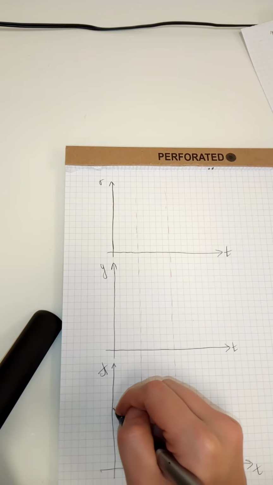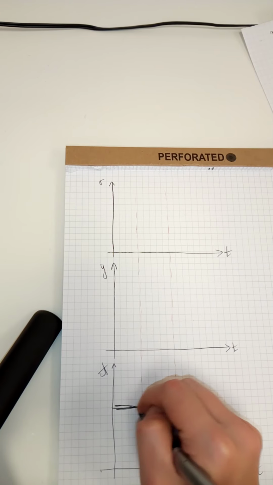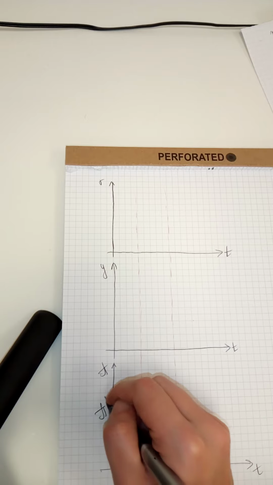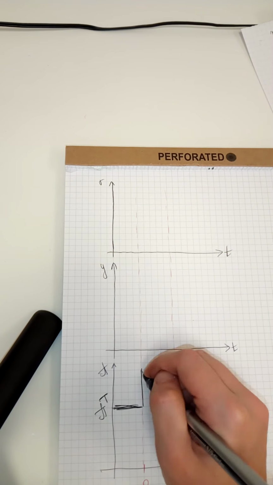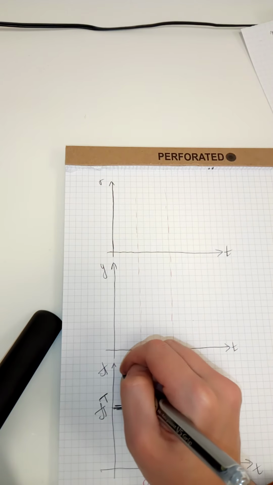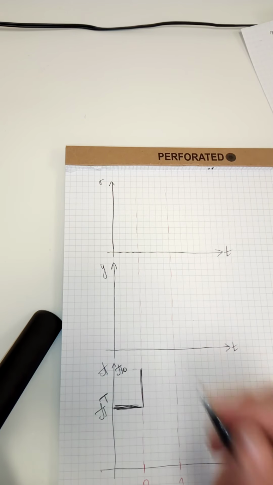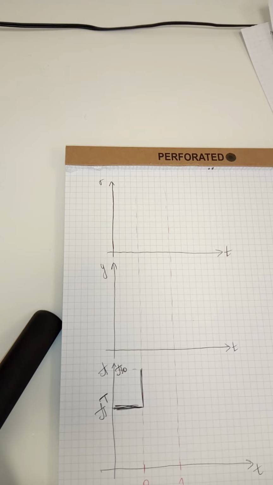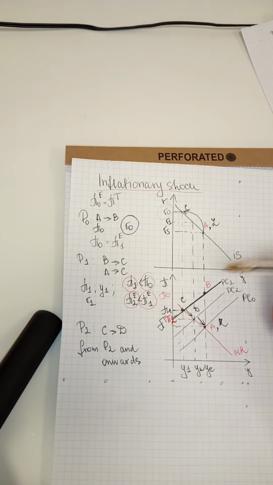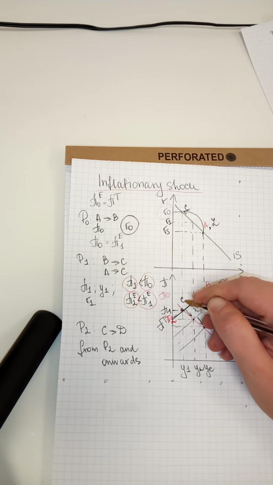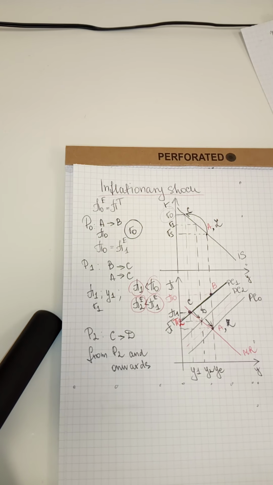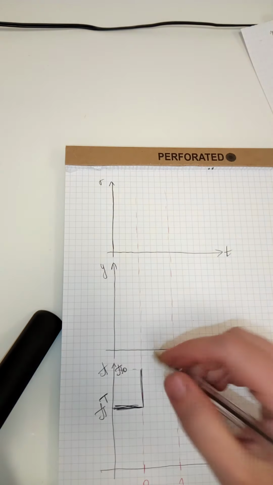So inflation was equal to pi tau before period 0. And then in period 0, it suddenly increased to pi 0 because of the inflationary shock. So looking at this graph, you can actually follow this idea. Inflation rapidly increased in period 0 from A to B, and then it slowly decreased until it reached its initial value.